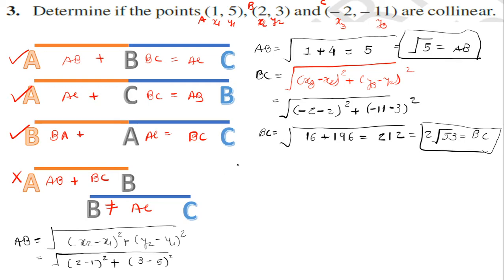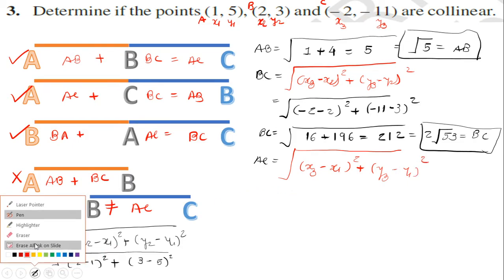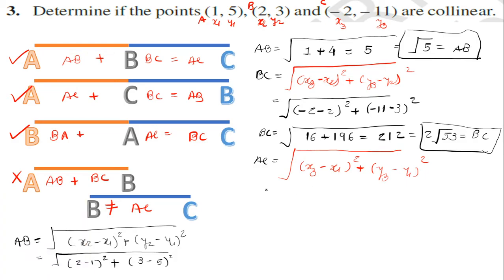And now let's find AC, the distance between A and C. The formula is x3 minus x1 whole square plus y3 minus y1 whole square. If you substitute the values, it is minus 2 minus 1 whole square plus minus 11 minus 5 whole square.